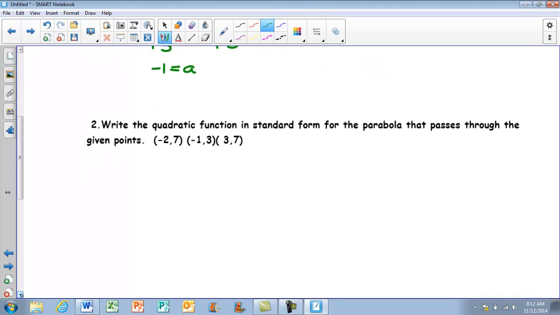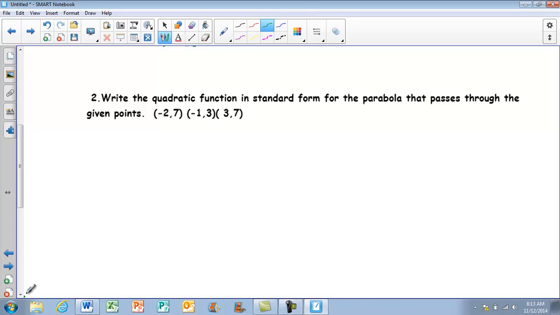When I move to the second example here, again, you're going to plug everything in for x and y. So I have 7 times -2 squared plus b times -2 plus c.